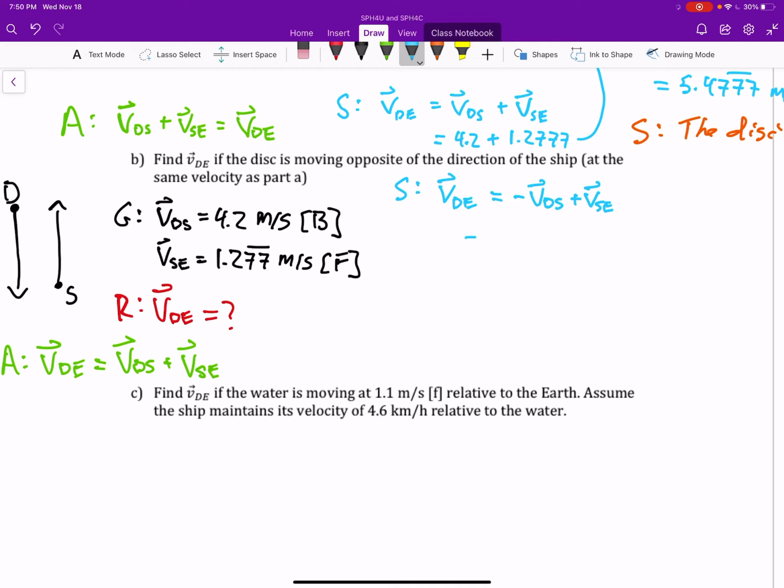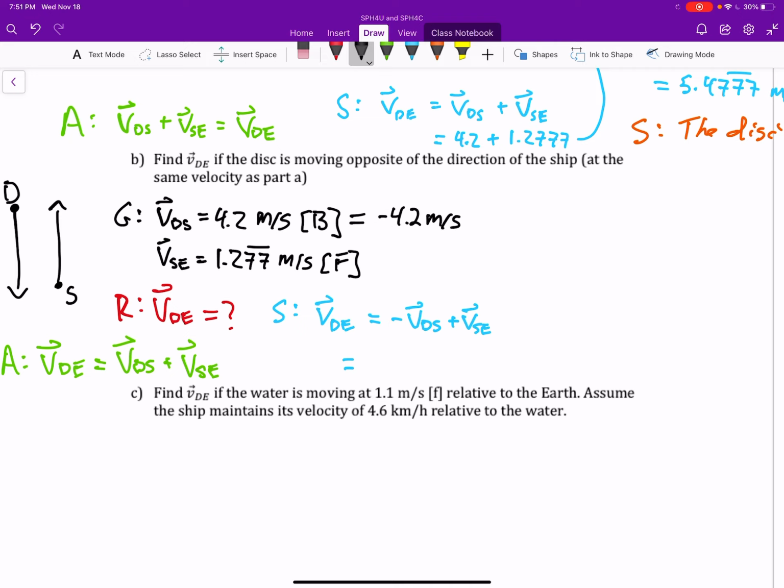So another way of writing this, let me move this quick because I can show you another thing. I'll put it in the same spot, and we can just go up. Another way of looking at this is this disk ship. We can also say this is negative 4.2 meters per second forward.